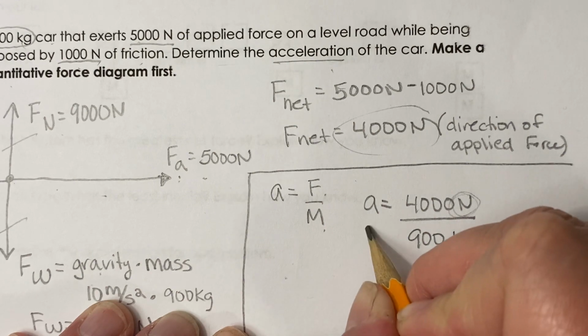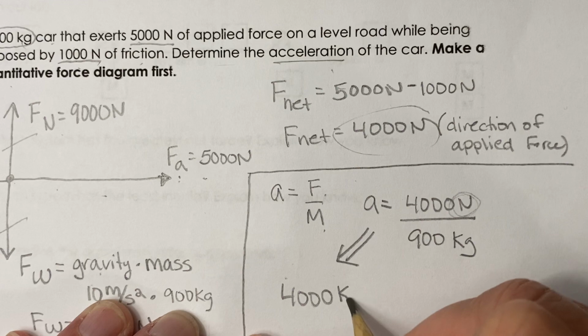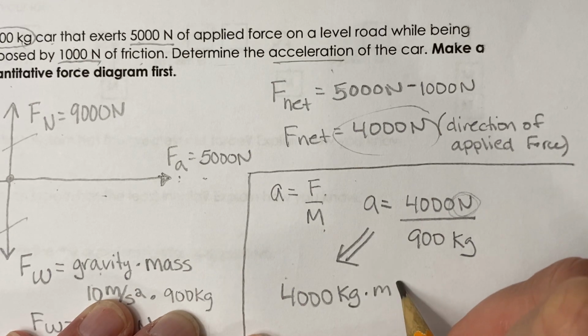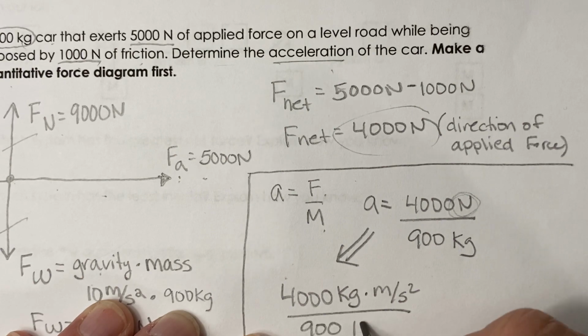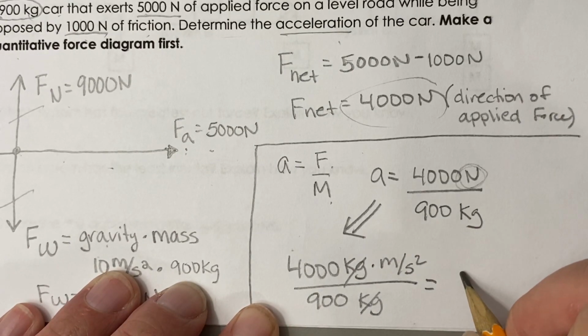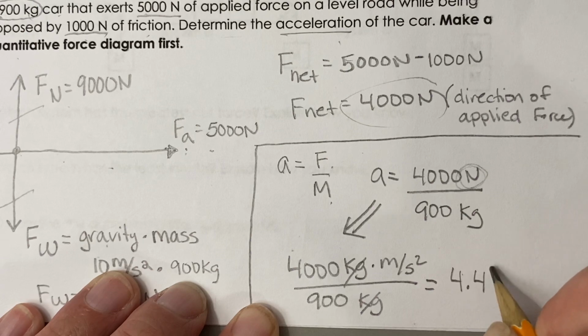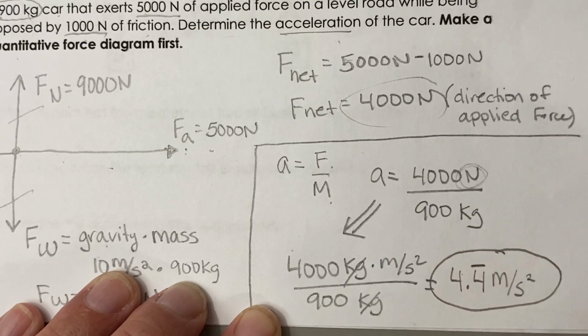So 4,000 kilograms times meters per second squared divided by 900 kilograms. Kilograms are going to cancel each other out. That leaves me with an acceleration of 4.4, with a repeating 4 if you plug that into your calculator, meters per second squared. And that's the acceleration of that 900 kilogram car.